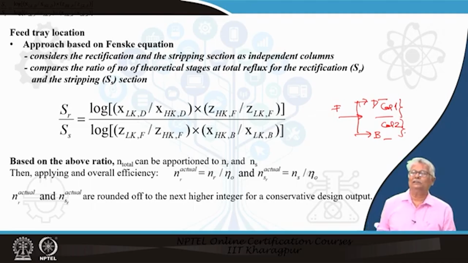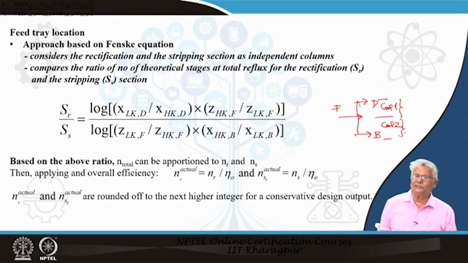For column 1 the top product is D and the feed composition is XF. For column 2 the top product is XF and the bottom product is B.